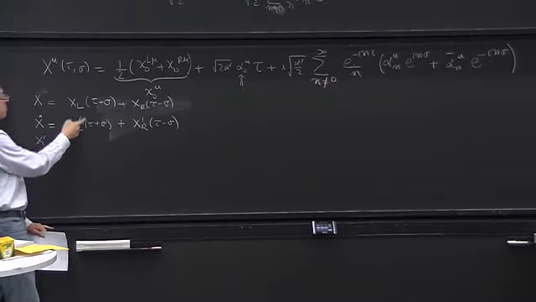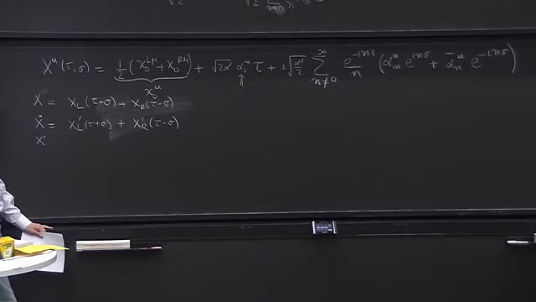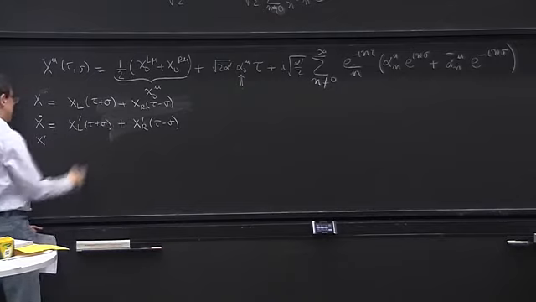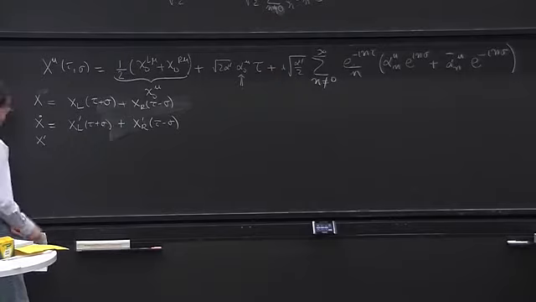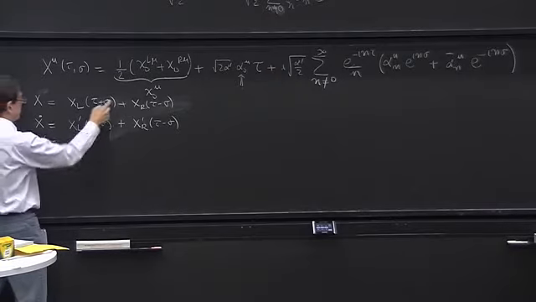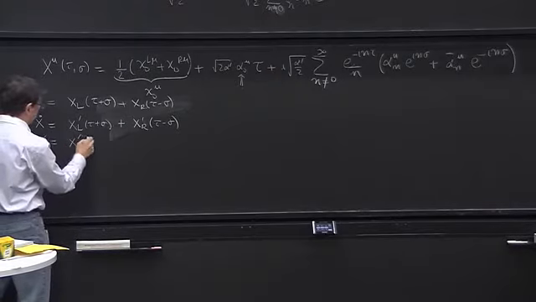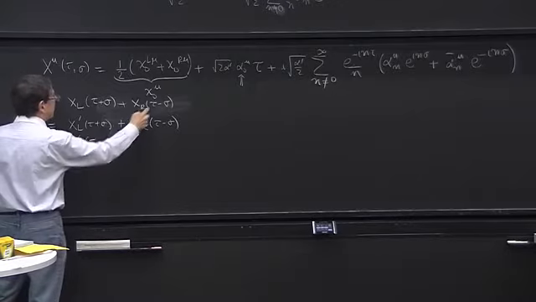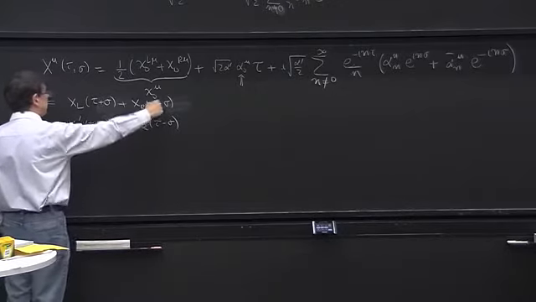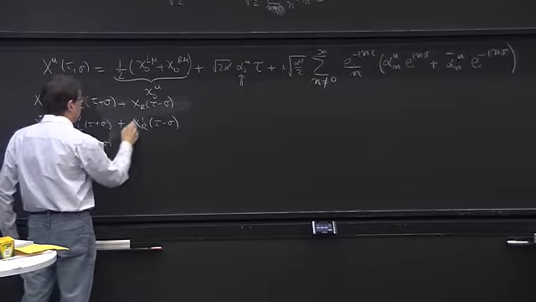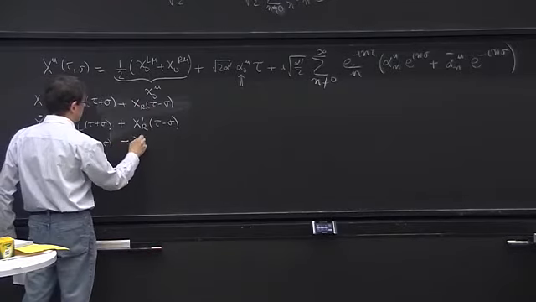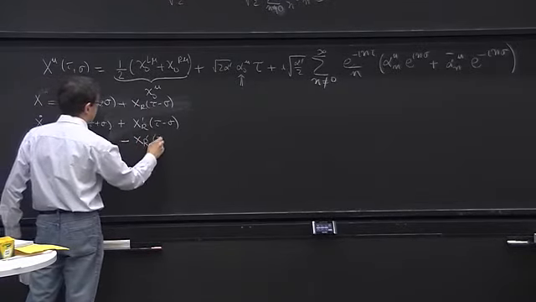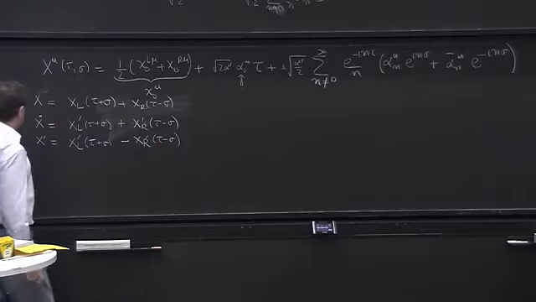And on the right, it means with respect to the arguments, of course. Anyway, with respect to sigma, you get X left prime of tau plus sigma. And here you get an extra sign because you have to then further differentiate the argument with respect to sigma. So you get minus X right prime of tau minus sigma.